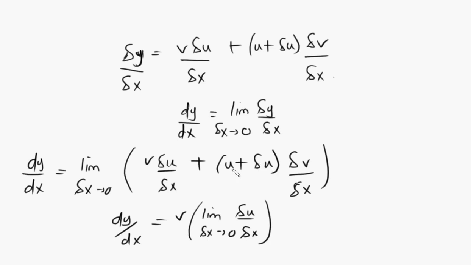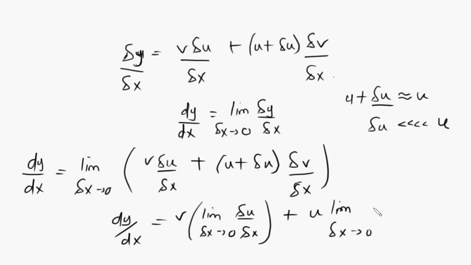Delta u is a small change in u, so u plus delta u is approximately equal to u because delta u is so small compared to u. So here we remain with u times the limit as delta x approaches 0 of delta v over delta x.